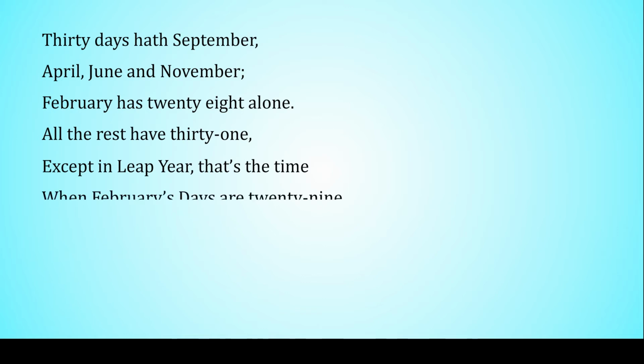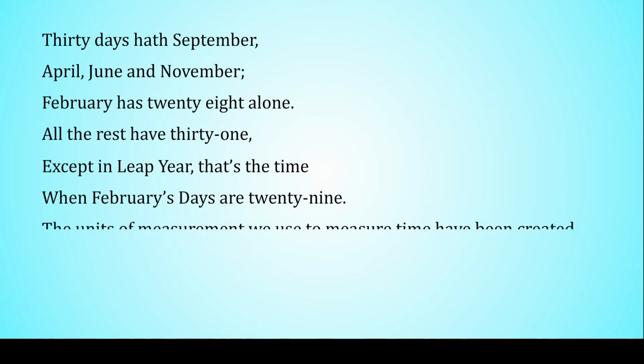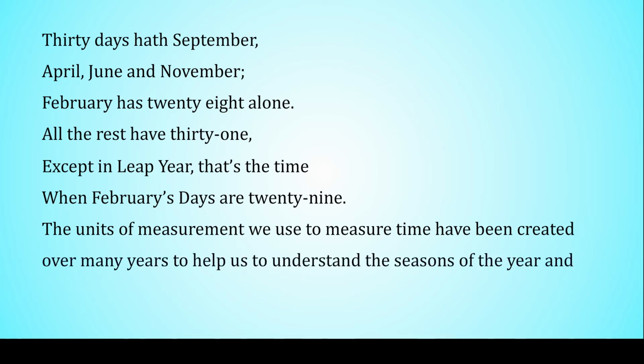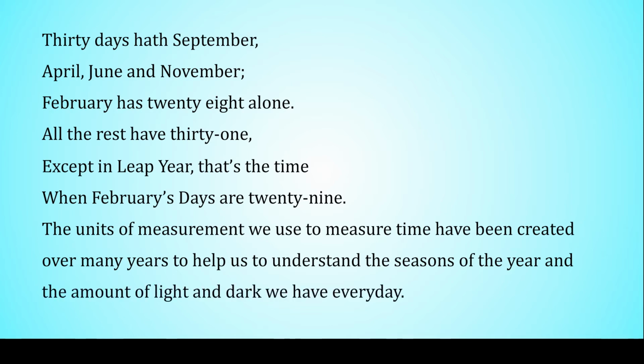That's the time when February's days are 29. The units of measurement we use to measure time have been created over many years to help us to understand the reason of the year and the amount of light and dark we have every day.